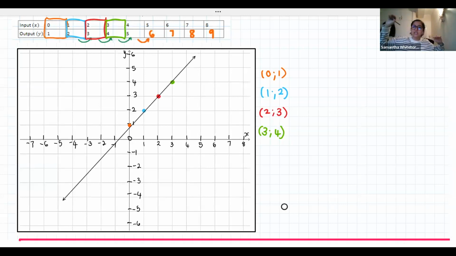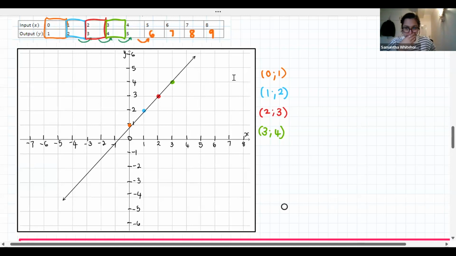It can just keep extending. And so in answer to the question, if there's no negative numbers on the table, you don't need to add it to your graph, but by extending your line, you are showing that there could be negative numbers if we started using negative input values.